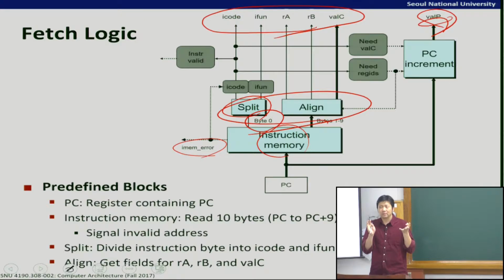If it was a call instruction, then it will be PC plus 9, because a call instruction has only an opcode plus an 8-byte target address. It's 9 bytes in total. So valP is basically the starting address of the next instruction, which is computed by this PC increment block. Okay.